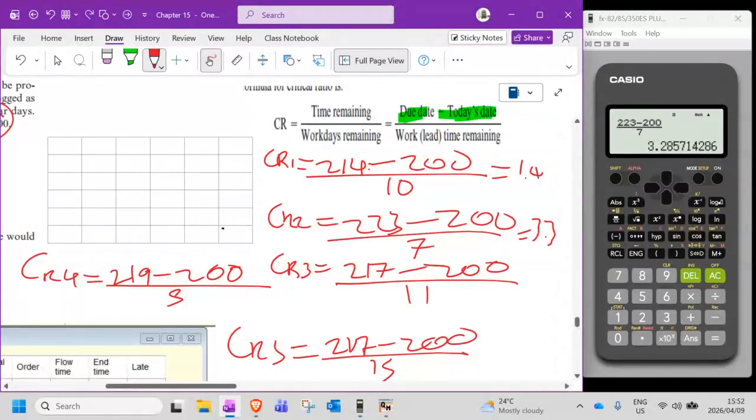Then we have another one, over 11, I think. Then we have this as 1.5.